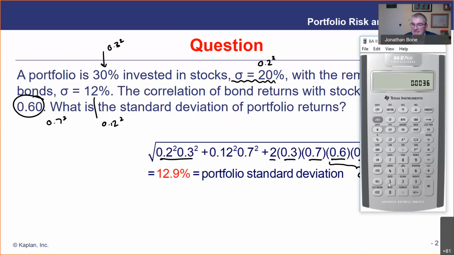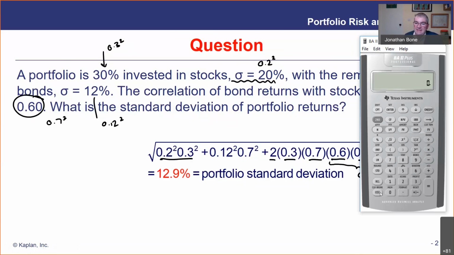I'm going to do exactly the same for the second asset. So 0.12 squared times 0.7 squared. So that's my bonds in my portfolio. Store that on button 2.